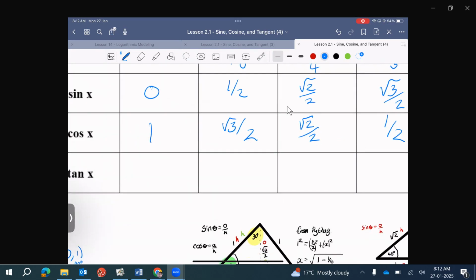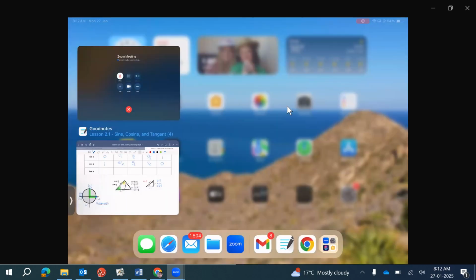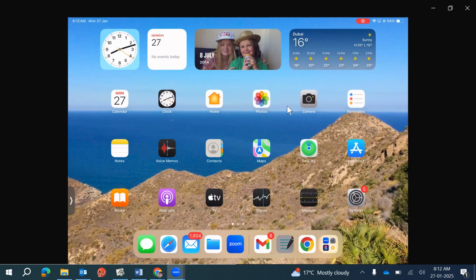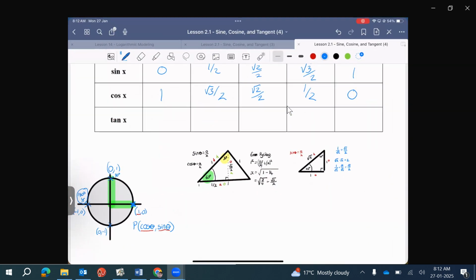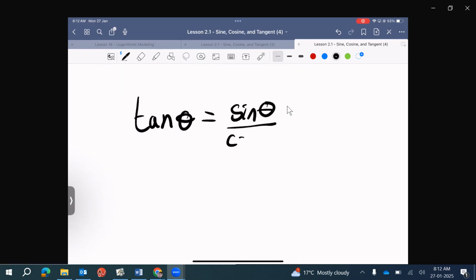Now, tangent. What is the formula for tangent? One of the best formulas for tangent is this one. Tangent of an angle is the sine of the angle over the cosine of the angle.